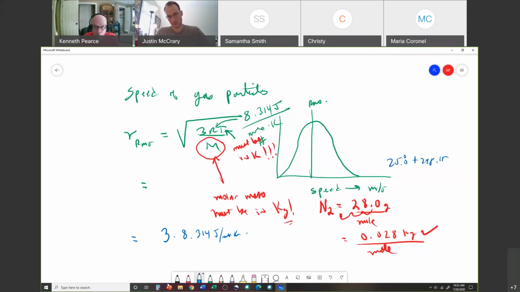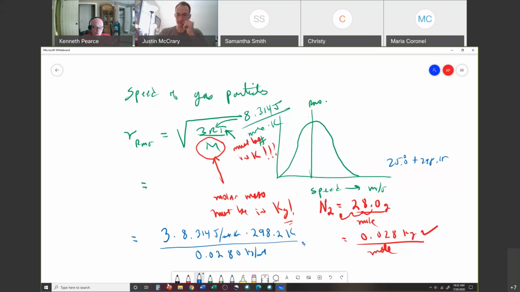And so that would be 298.2 Kelvin. And then we're going to divide it by the molecular mass of nitrogen in kilograms. Okay, it has to be in kilograms. And so we go 0.0280 kilograms per mole.